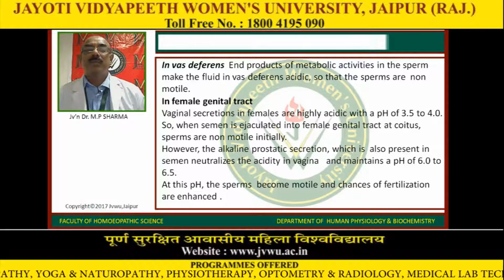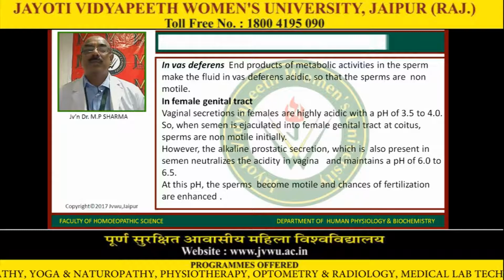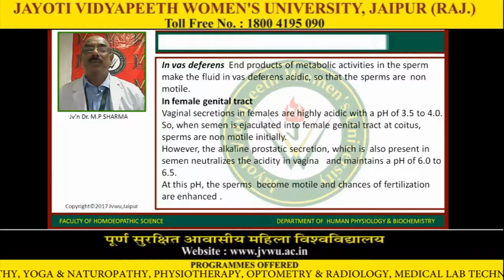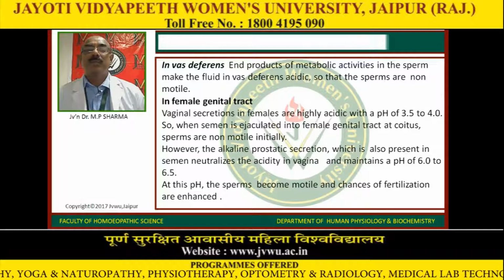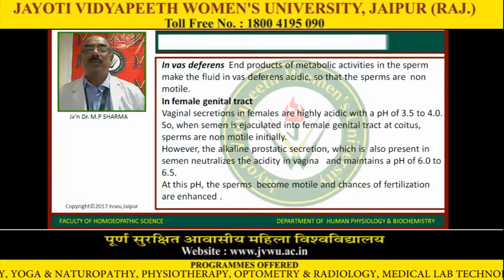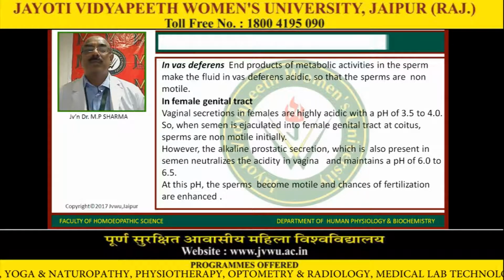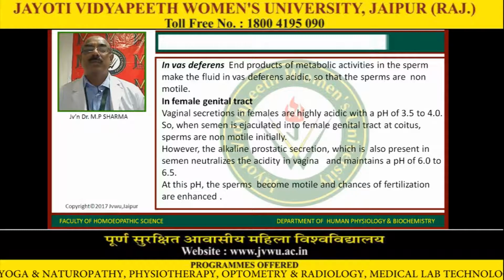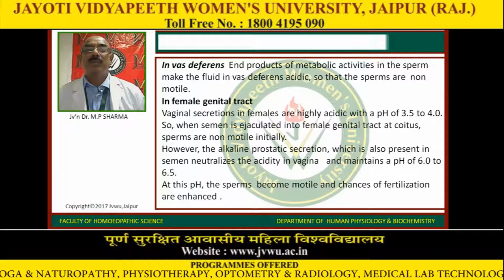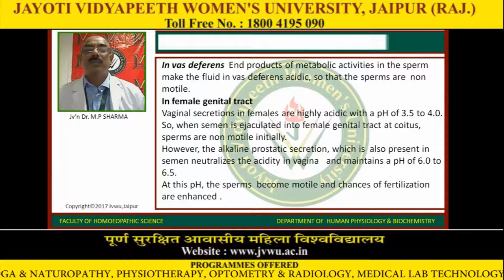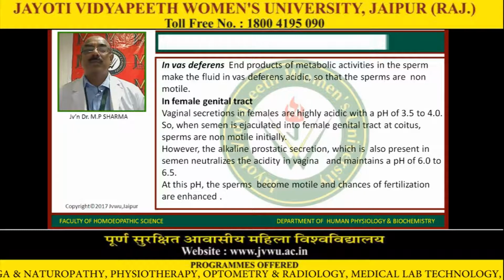In female genital tract, vaginal secretions are highly acidic with a pH of 3.5 to 4. So when semen is ejaculated into female genital tract at coitus, sperm are non-motile initially.